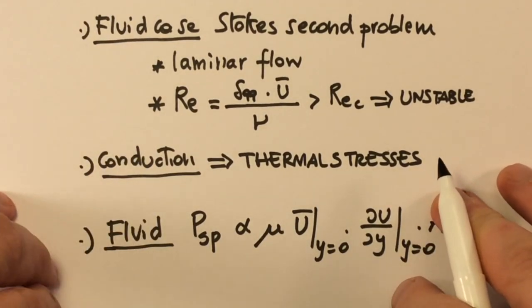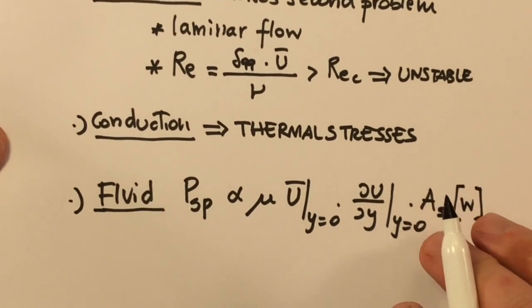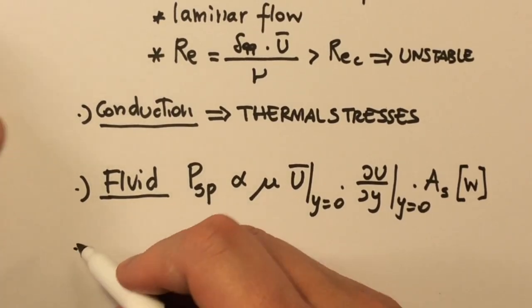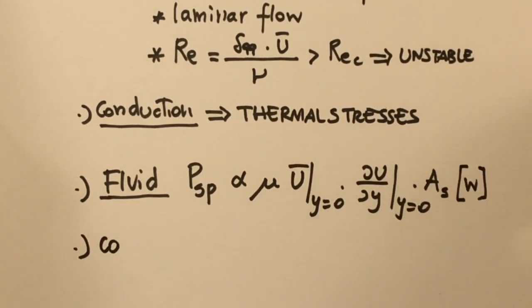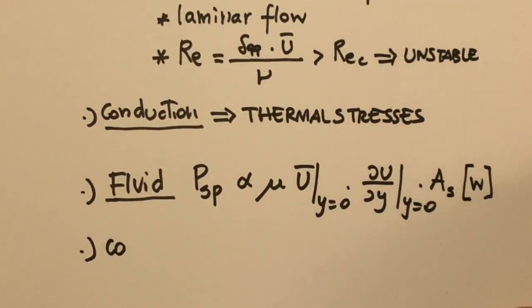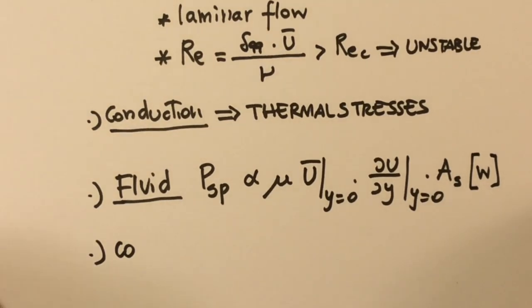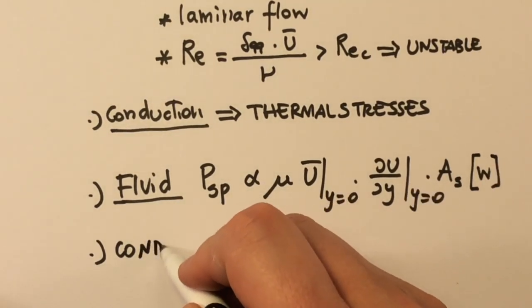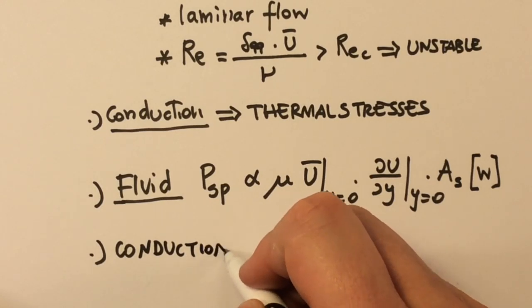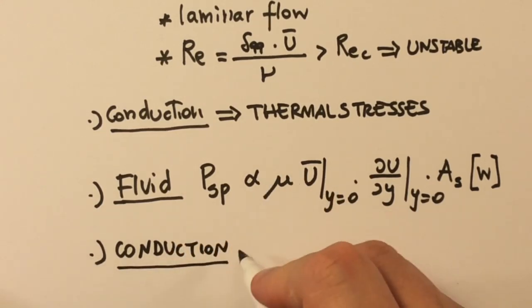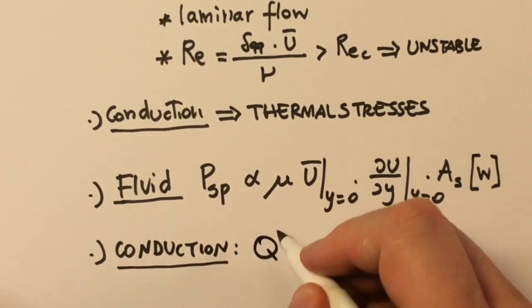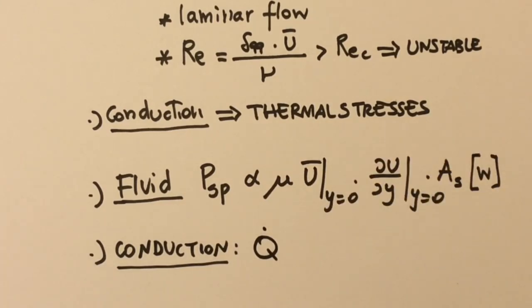But in the conduction case, instead, we have a Q, a heat transfer rate, since this is a problem of continuously heating and cooling the wall.